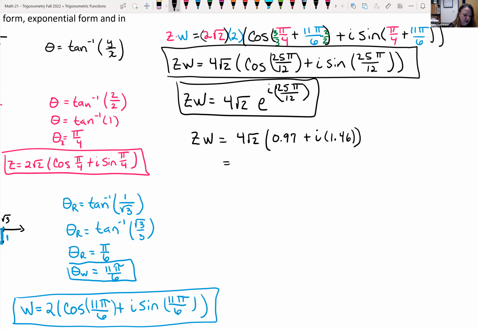So now if I distribute this 4 root 2 to both of those terms inside the parentheses, I get back that my real part is approximately 5.46 plus my imaginary part, which is 1.46 times i.